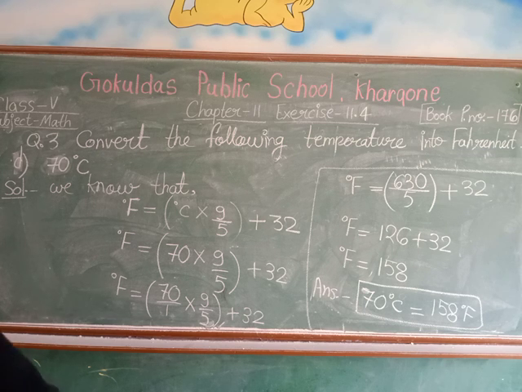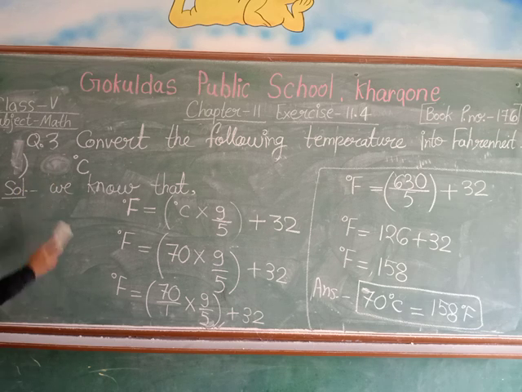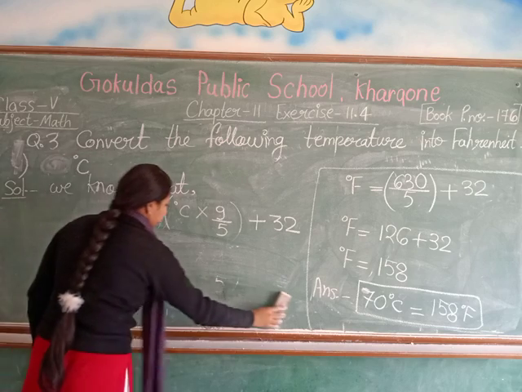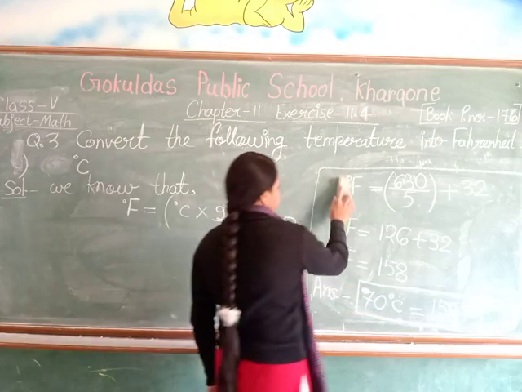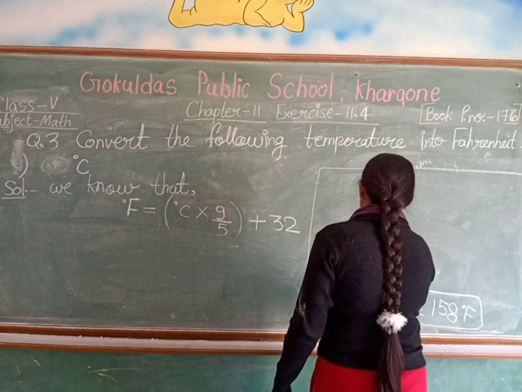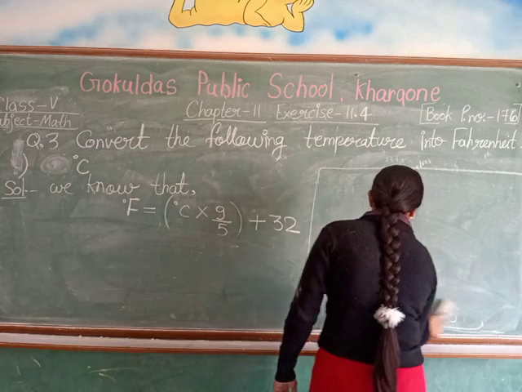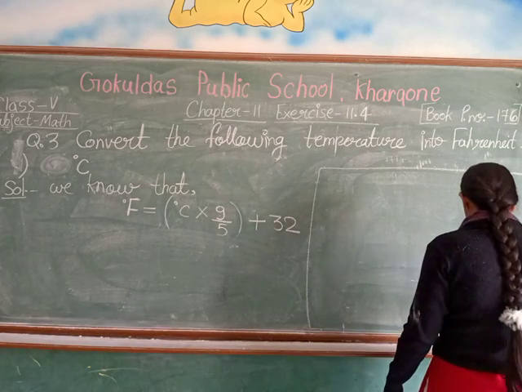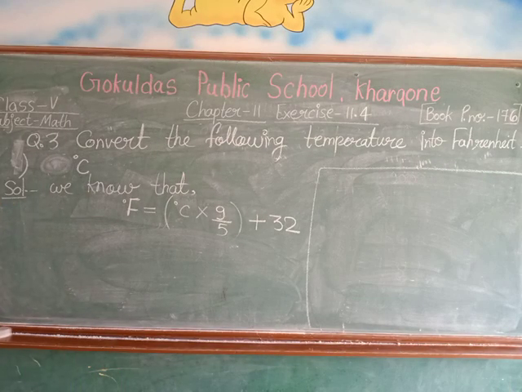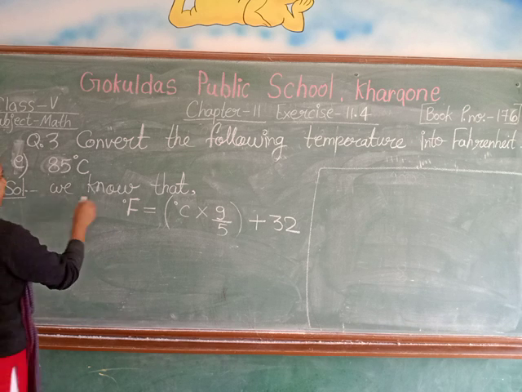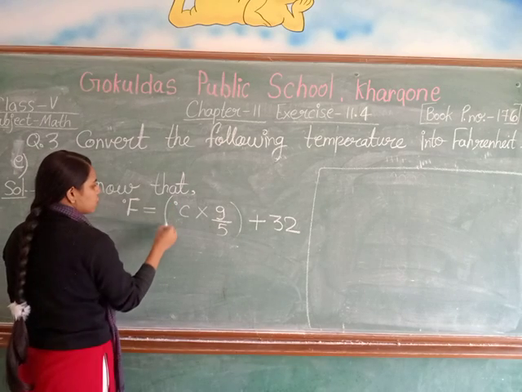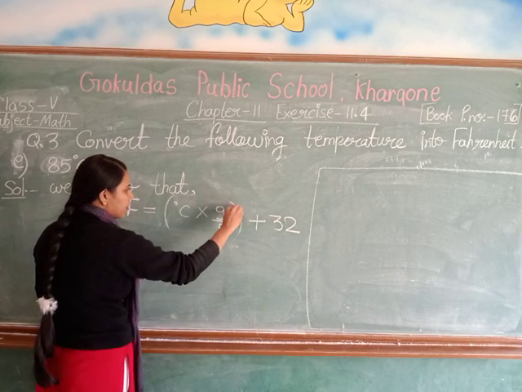Now the next question, that is E. Number E, 85 degree C. We know that degree F is equal to, bracket open, degree C multiplied by 9 upon 5, bracket close, plus 32.